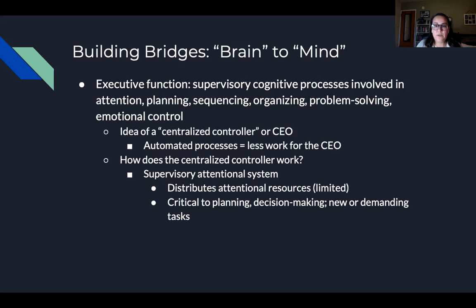And because of the limited nature of this, the supervisory attentional system is really important to things like planning and decision making, right? Because there's a lot of attention that goes into the forward-thinking aspect of that, and you're also having to juggle a lot of different ideas and possibilities in your head.